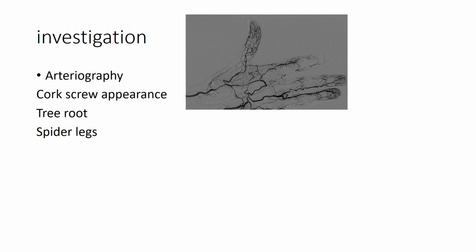Further, if it progresses, you can see ulceration, which further progresses to gangrene. One more important thing is that these affections are seen at the tips of the toes or fingers, which then spread proximally. And on investigation, you find the corkscrew appearance and the tree root or spider-like appearance.